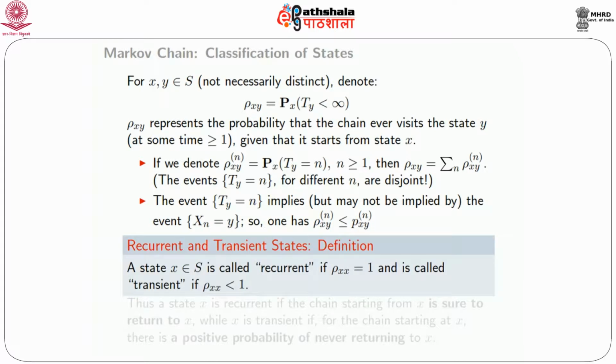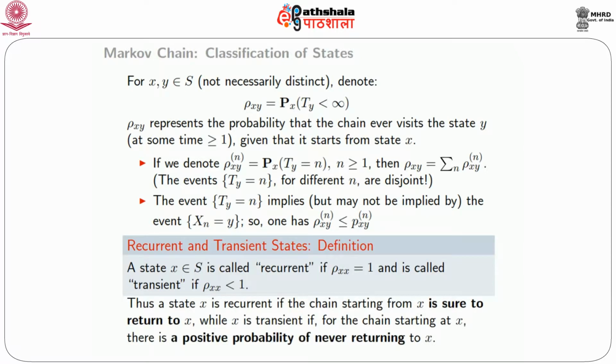So now we define this classification of states into recurrent states and transient states. The definition is, a state x would be called recurrent if rho_xx is 1 and is called transient if rho_xx is less than 1. So let's see what it means. A state x being recurrent really means that if the chain starts from x, then it's sure to return to x.